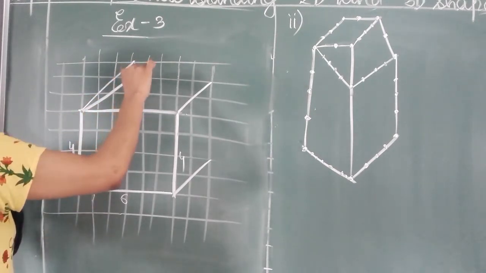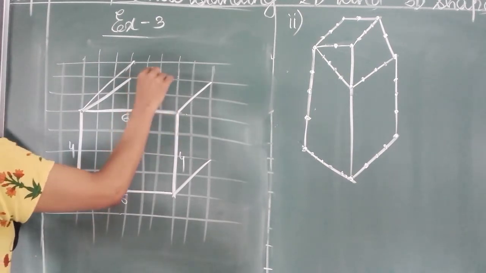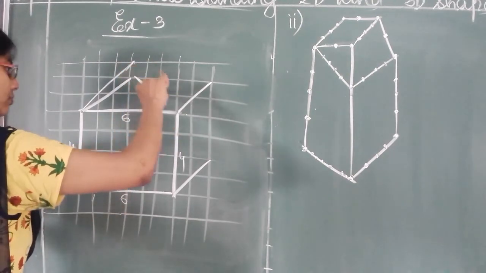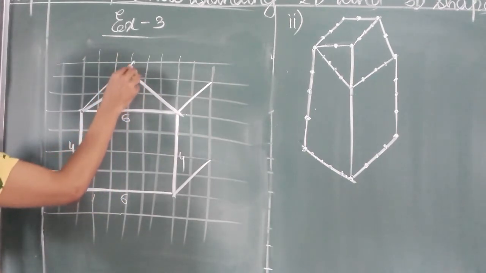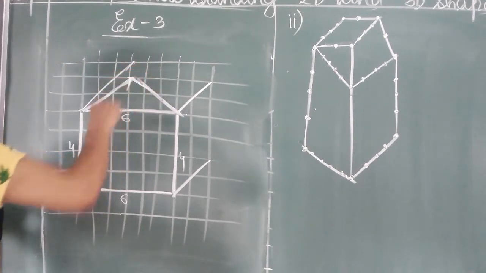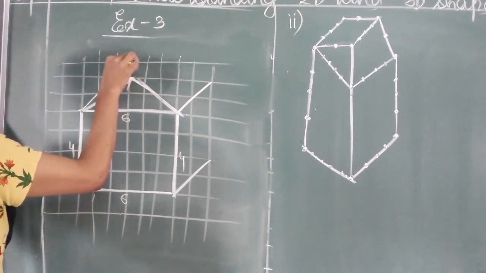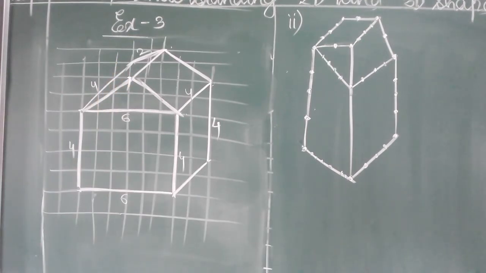Center we are going to draw the center line, and this you are going to join. So here 4 we have taken, then 2, 4 and write the proper measurements.